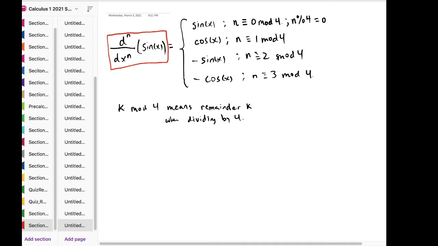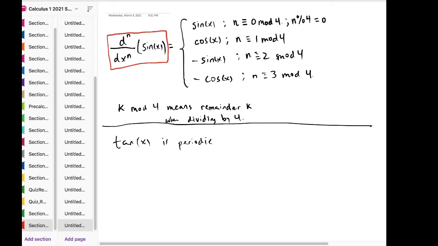But yeah, so any questions about this? For right now, this is kind of like the only function we have that's really nice. So it's not because sine and cosine are periodic. Tan is periodic, but doesn't have this nice property. There are some functions that you can very easily find formulas for their higher derivatives.